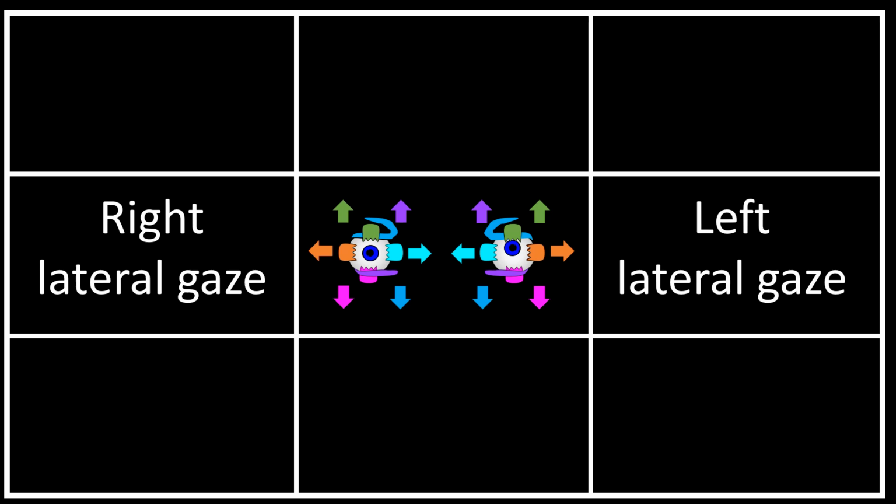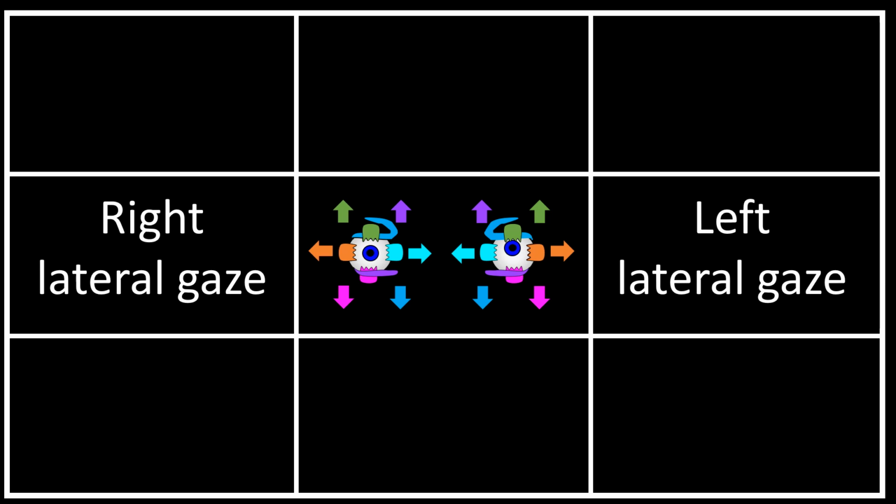And now a cartoon reflecting her eye findings. This cartoon includes the extraocular muscles and arrows pointing in different directions, as you can see. The direction of the arrows indicates their action.